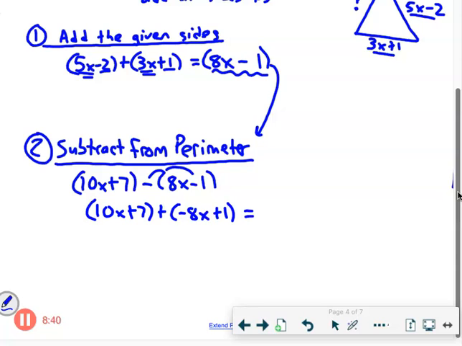When we do that, we have 10 and negative 8 that go together. So we have a 2x. And then we have 7 and 1 that go together, positive 8. So the answer must be 2x plus 8. That would have to be what that third side would be so that the perimeter is 10x plus 7.